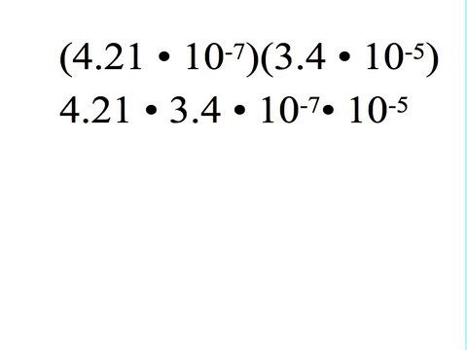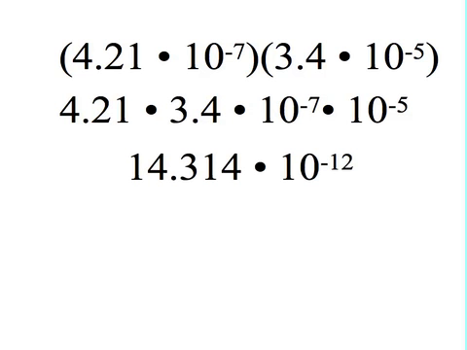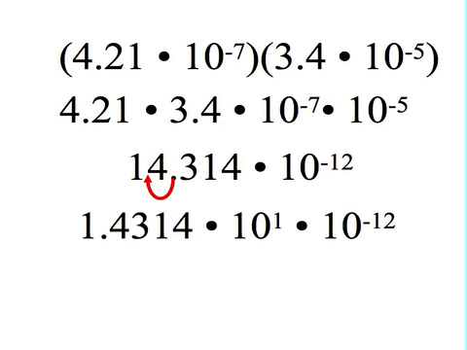Once again, we use the commutative property to get the mantissas together and the powers of 10 together. The powers of 10 make 10 to the negative 12. We've already looked at these two mantissas, 14.314, but now we have to write 14.314 in scientific notation. One move to the left, so we get 1.4314 times 10 to the first is equal to 14.314.